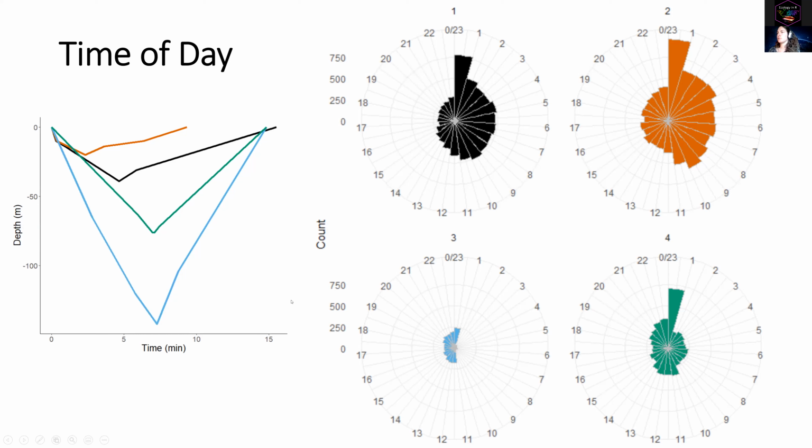During the afternoon, these turtles are probably doing a lot of foraging and exploration, where they're scouting out where their prey are. They're also doing shallow dives throughout the day. These shallow dives are them resting. So it's kind of interesting.